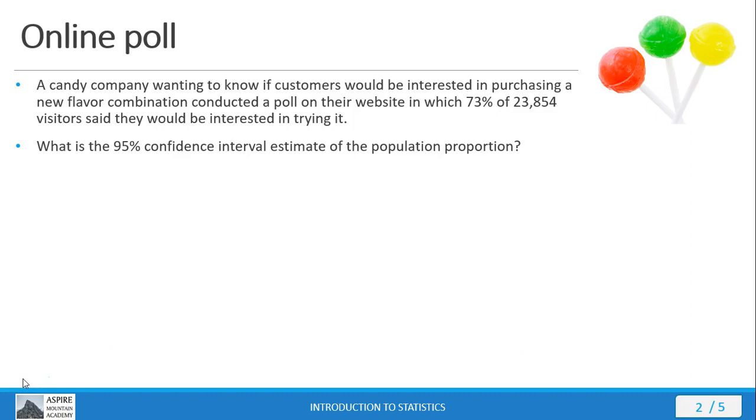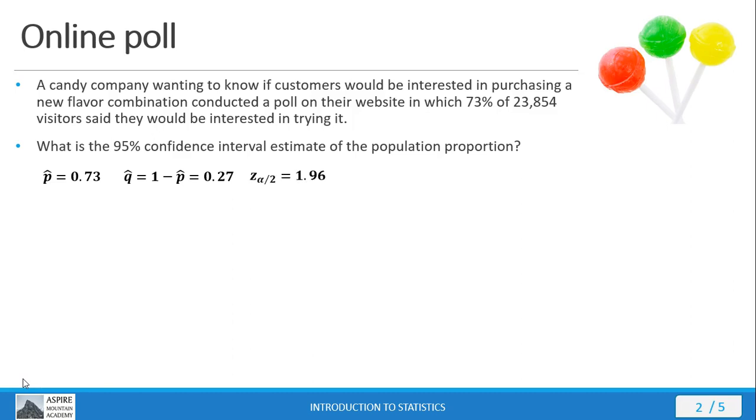So to solve this the old school way, first we would recognize that we have a sample proportion of 73%. That means our probability of failure, if you will, is going to be 27%.